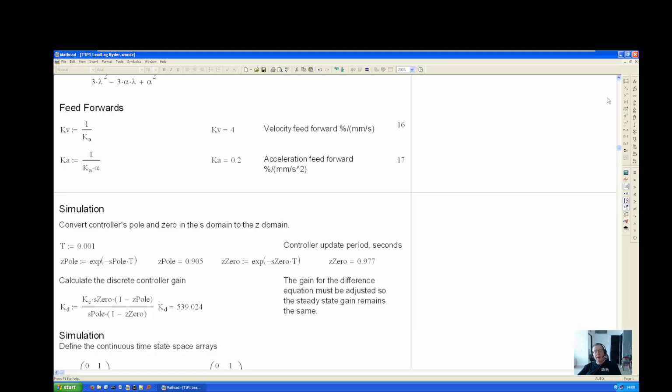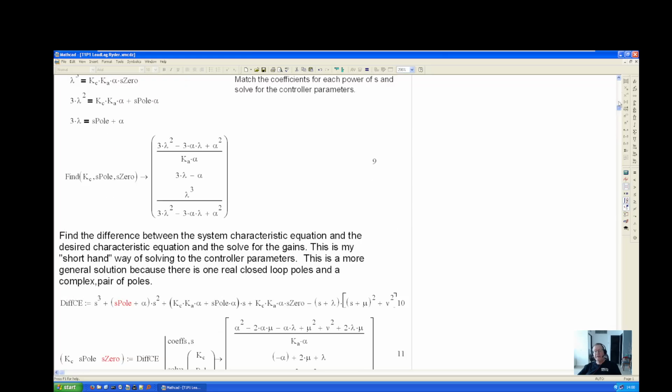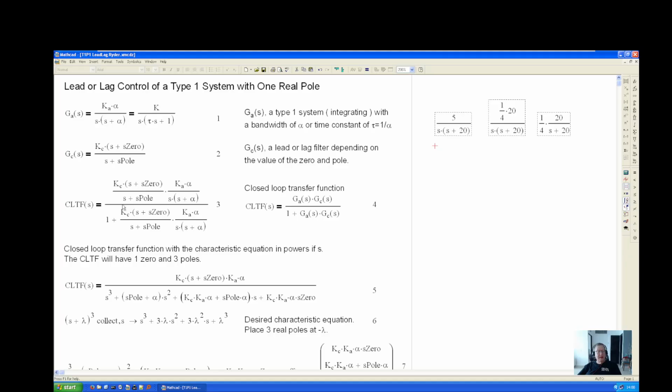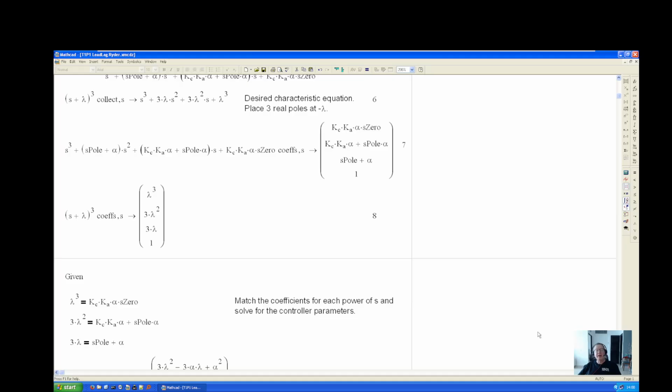And the thing that I want to point out is that if you solve for the lead lag filters or the PIDs or PIs symbolically, then all you have to do is figure out what the open loop transfer function is, decide where you want to put the poles, plug the numbers into the equations for the controller gain and the other parameters like the poles and the zeros or the P and the D terms, and you are done. You don't have to mess with all those angles, and actually they don't even provide a decent simulation given all the work that they've done.